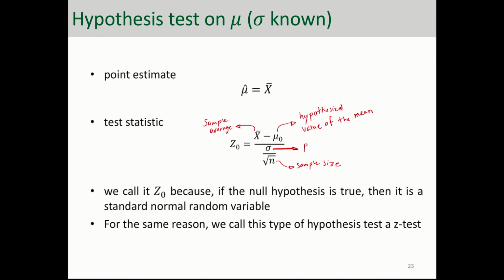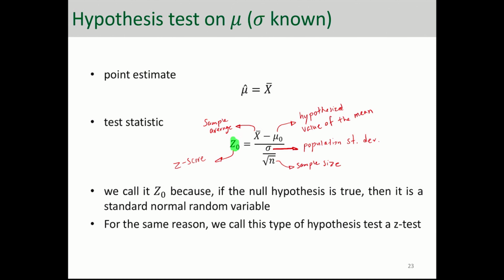That is your population standard deviation, which we assume is known, or in practice we estimate that in applications. So having all those pieces, we can calculate this test statistic, and we call this the z-score. We call this the z-score in our lectures.